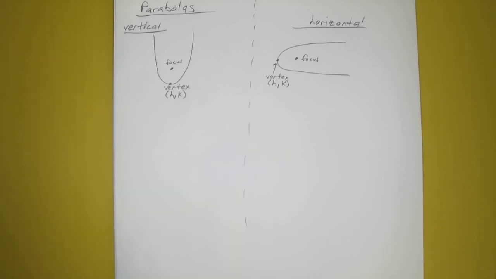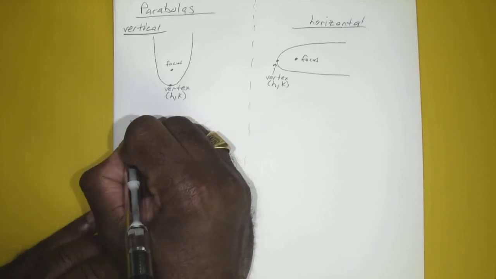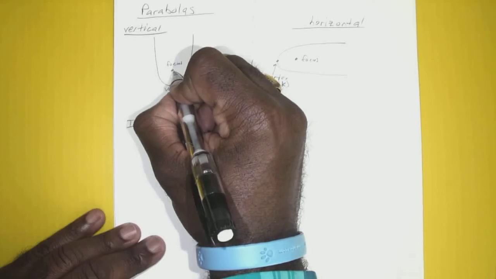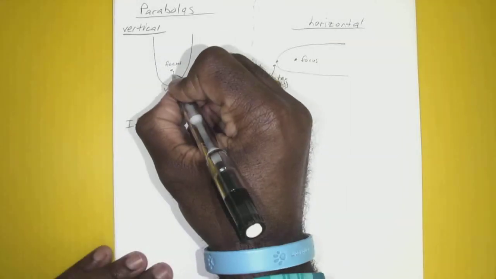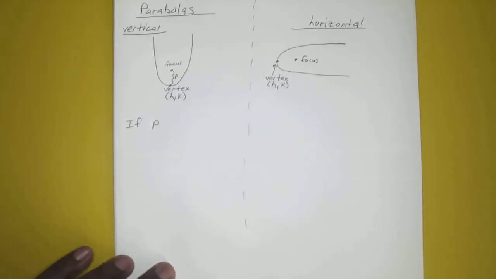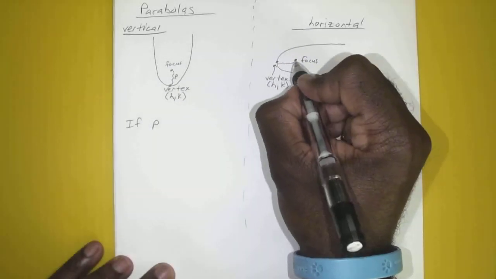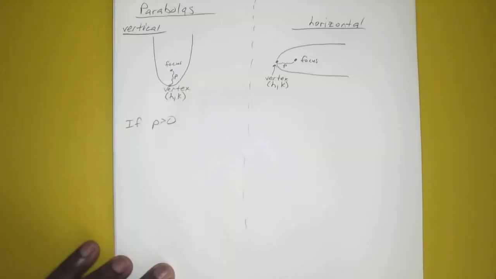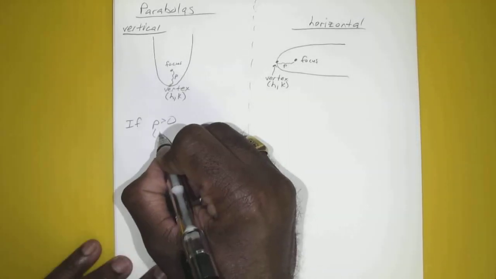Okay. Now if you have a vertical parabola, your general formula for that, oh, forgot to give you p. The distance between the focus and the vertex, we'll give that the value p. Same thing here. So if p is positive, you know it opens upward.